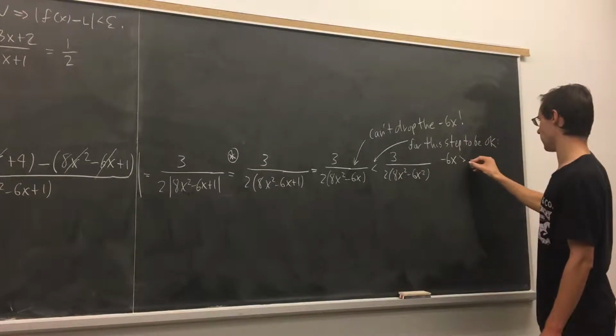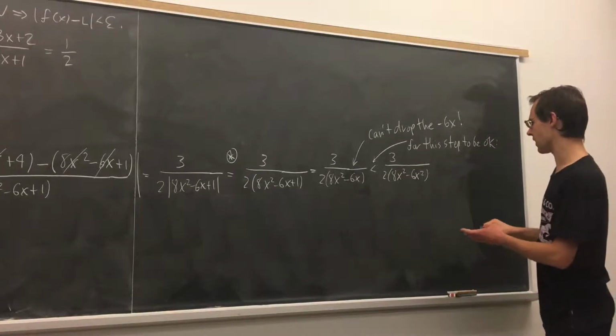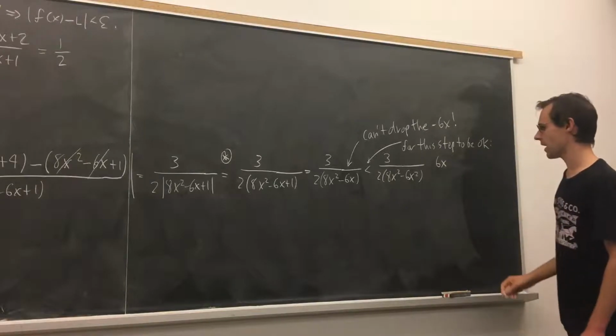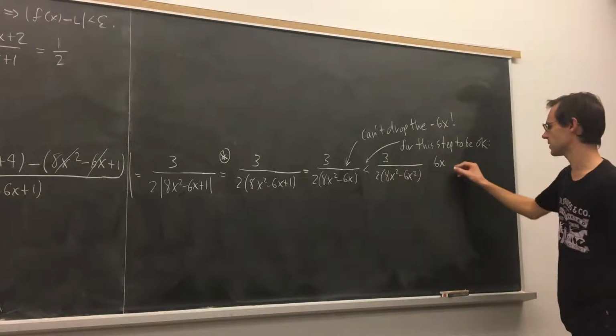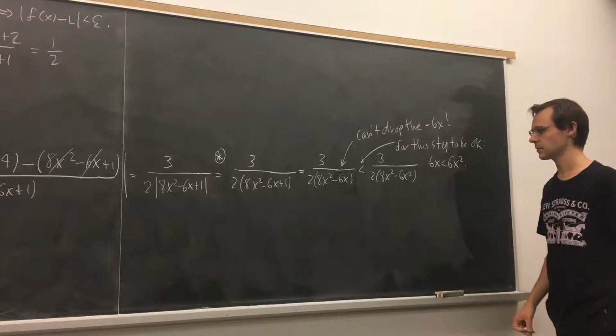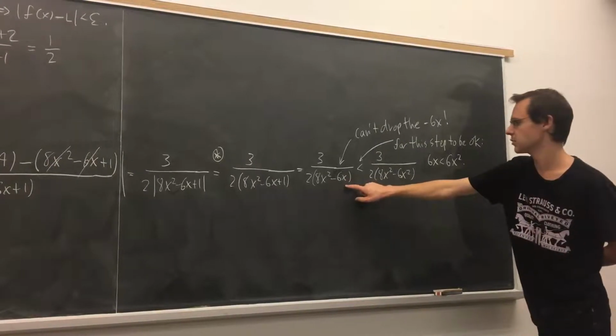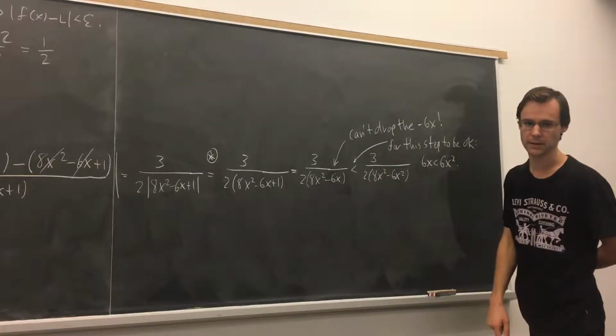Or rather, to be greater than. I'll get the negative out of the way because it's confusing, okay? We need 6x squared to be larger than 6x, okay? This is what we need in order for that step to hold, right? We want to be subtracting more than what we were subtracting initially for the inequality to be pointing that way.